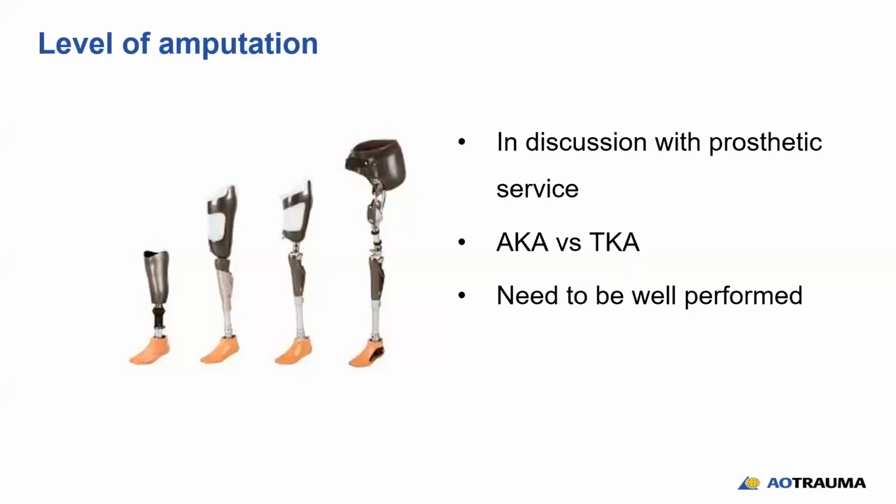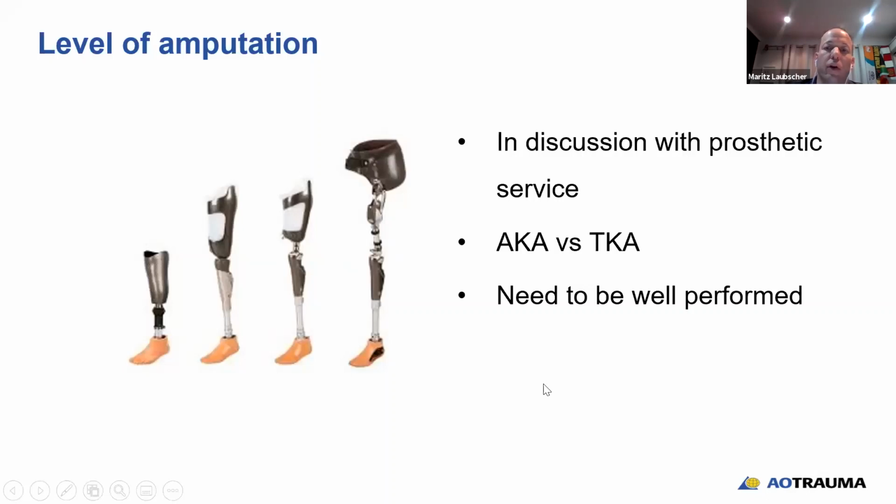So we do unfortunately see some amputations that are done poorly, and it's very important for the patient's eventual function to have an amputation done well. That's why, if patients come to the amputation clinic and they don't have a well-performed amputation, it's often worthwhile to consider revising it to improve the stump and the prosthetic fitting.